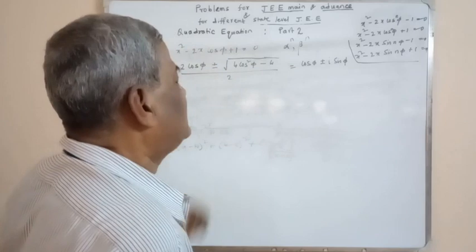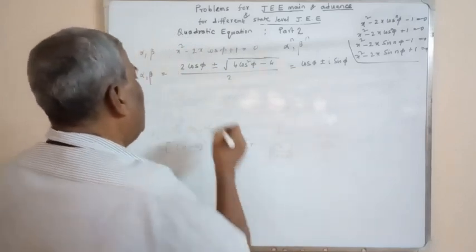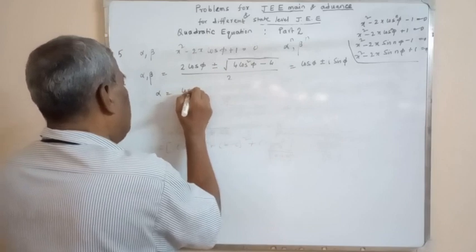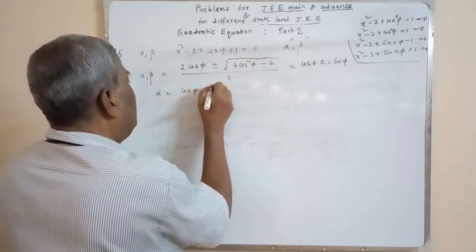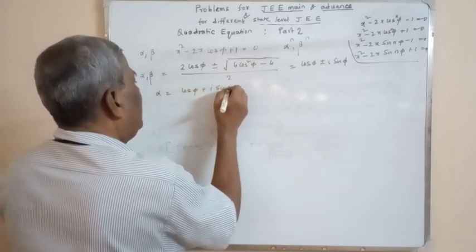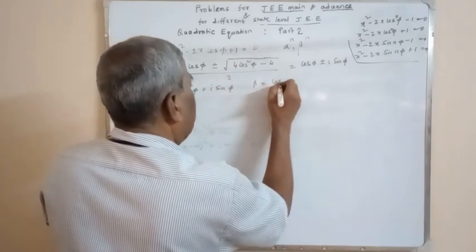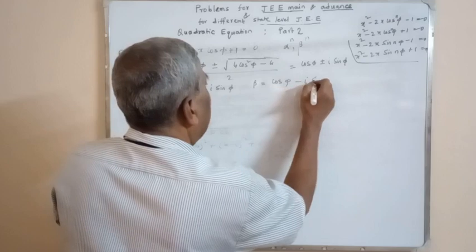Two cancels. So I can safely take alpha equal to cos phi plus i sin phi, and beta equal to cos phi minus i sin phi.